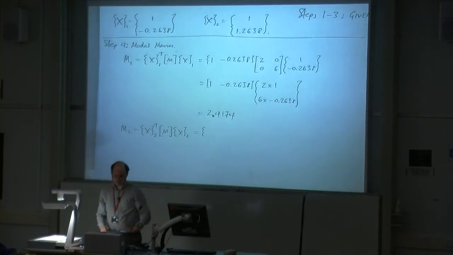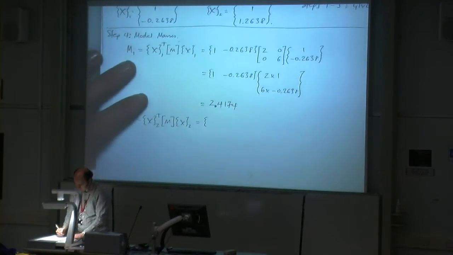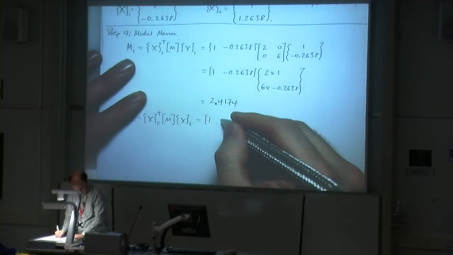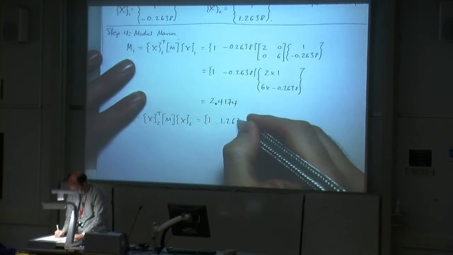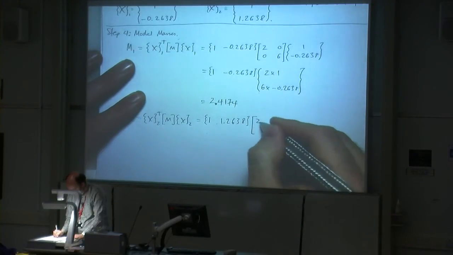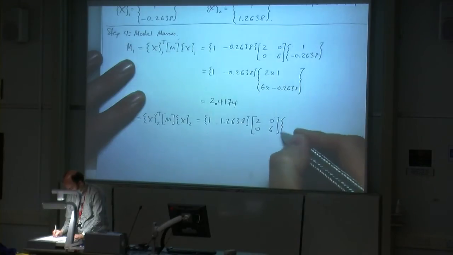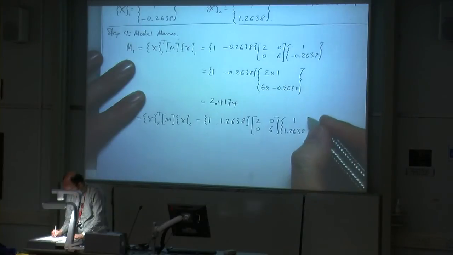So for the second modal mass, it's the same equation, except I've got the subscript 2 in here. And so we have 1, 0.2638, 2, 0, 0, 6, 1, 0.2638.